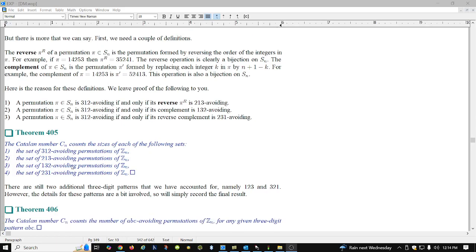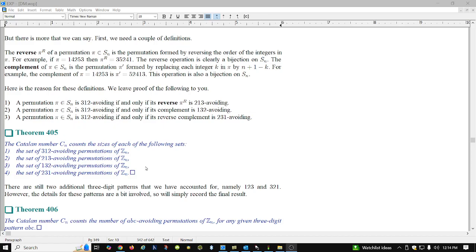Finally, there are still two other 3-digit patterns, 123 and 321. But the details for these patterns are a little more involved, and I've decided it's just too much to go into.